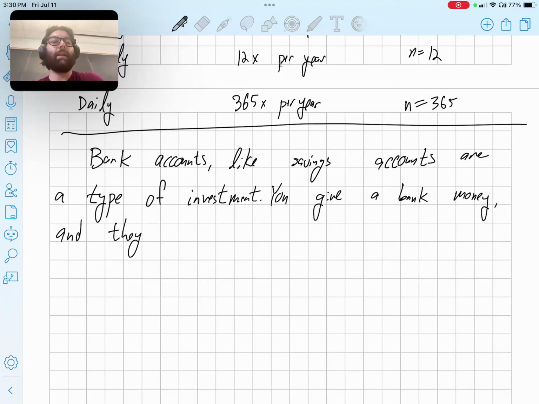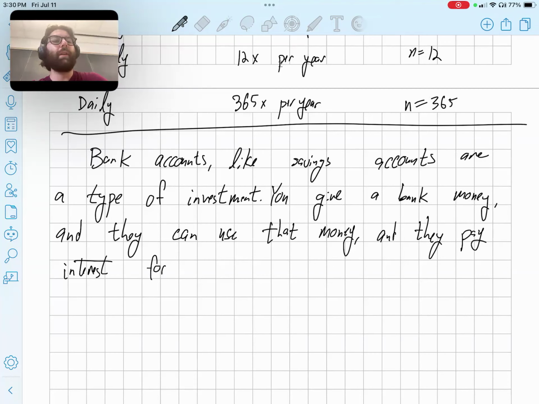They have to hold a certain amount of it on hand, but they can use that money and they pay interest for the privilege of using your money.